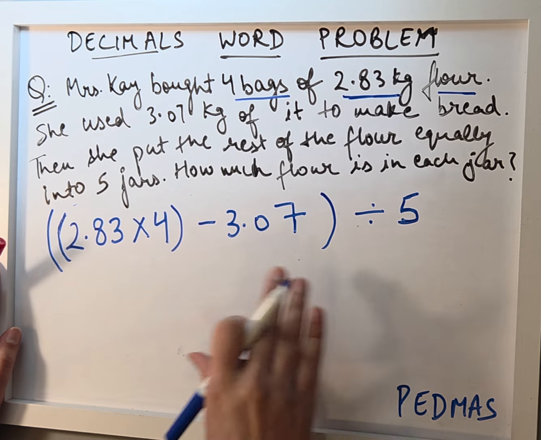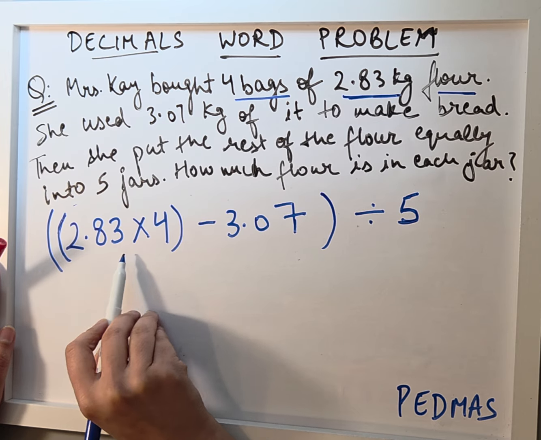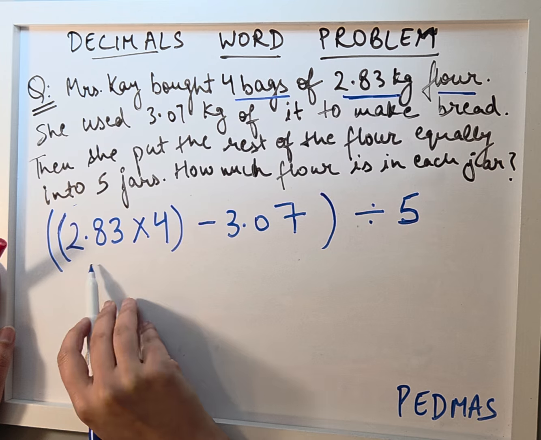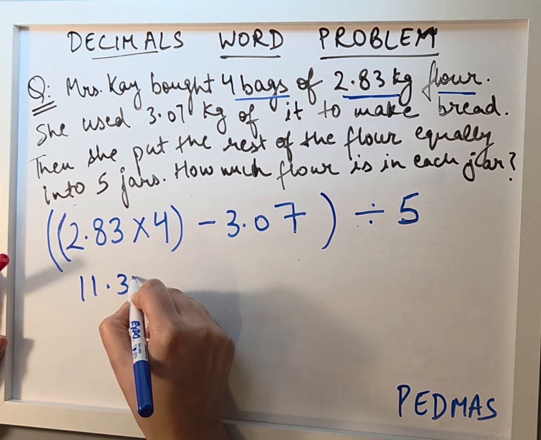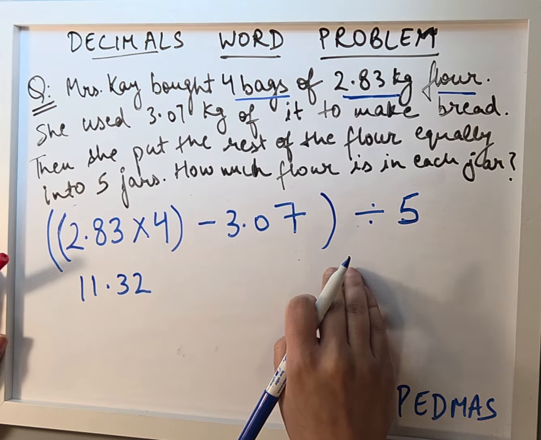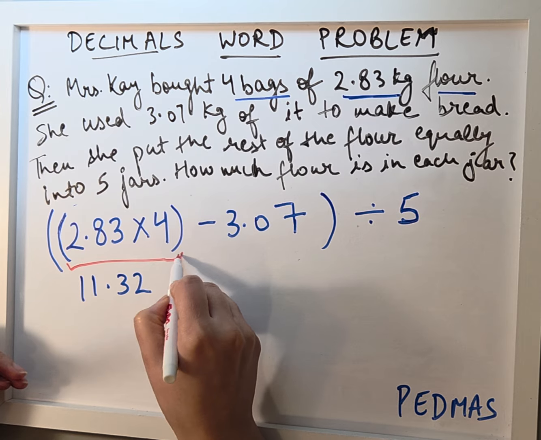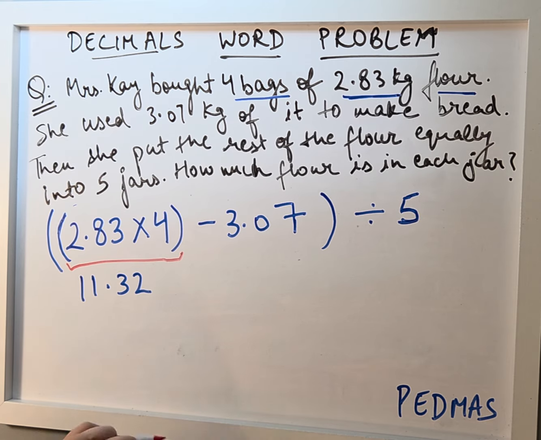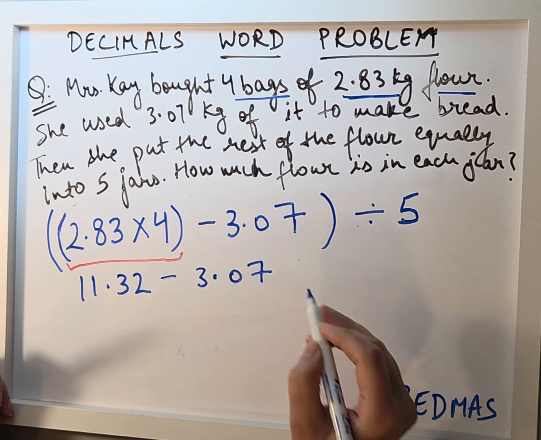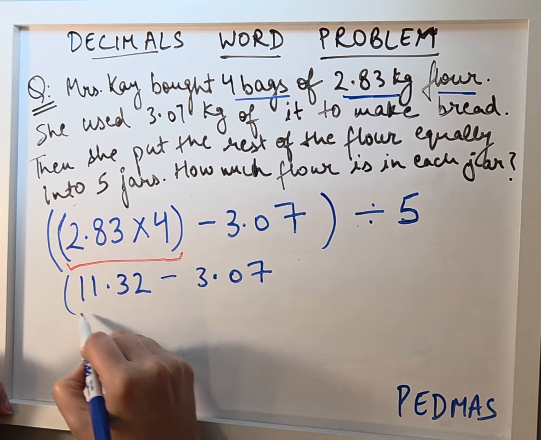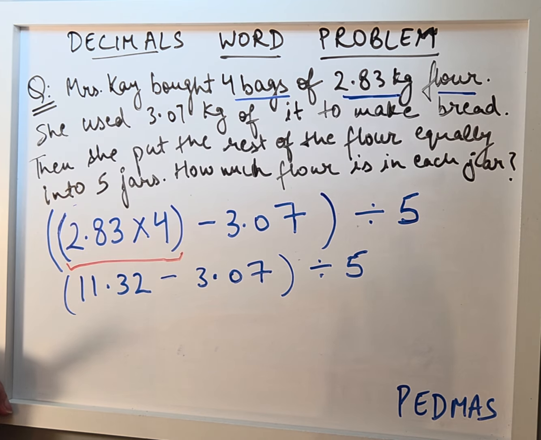So first we solve parentheses. So for parentheses, we get 2.83 into 4. So how much is 2.83 into 4? We'll get 11.32. Okay, and whatever is not used, so we only used this parenthesis, so whatever is not used we write it as is. Okay, so we do minus 3.07. Okay, and these outside parentheses are still there, and we divide it by 5.